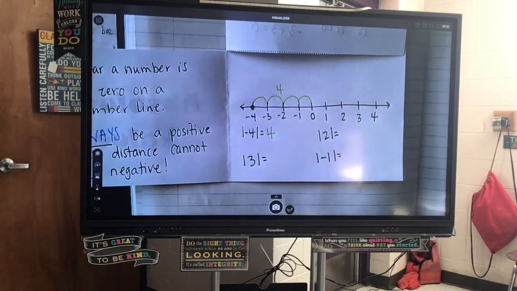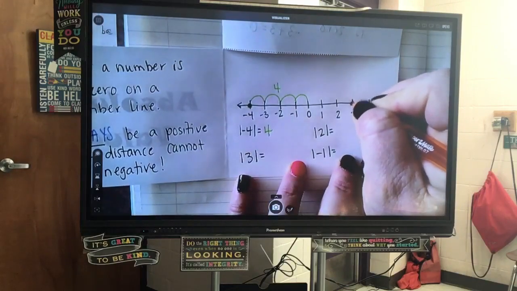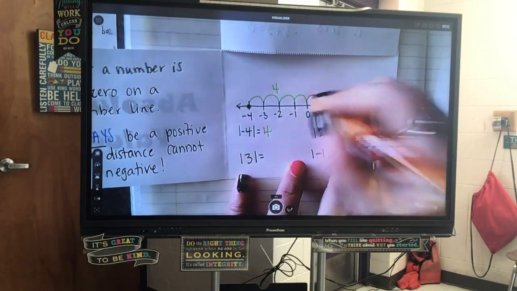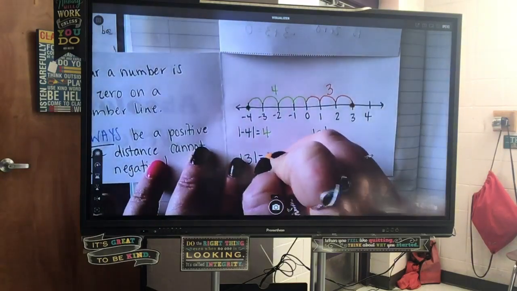All right, go ahead, have a seat. All right, please walk me through the absolute value of 3. All right, Zoe? Up to 0. Perfect.